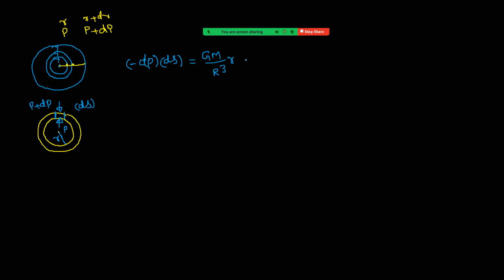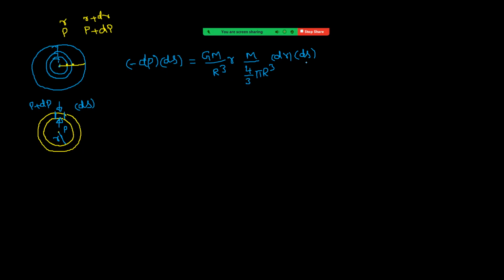The mass of that element is density, which is M by 4 by 3 pi R cube, into its volume. Its volume will be dr into dS, where dS is its area and dr is its thickness, so area into thickness gives volume.